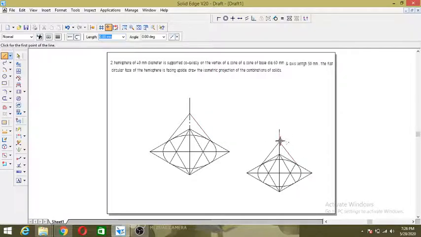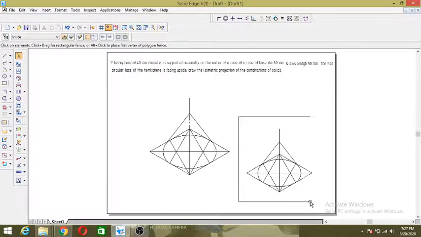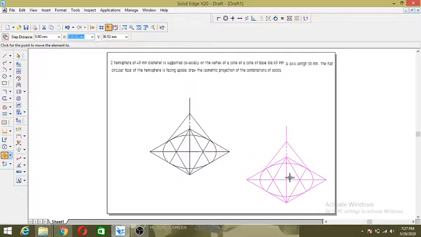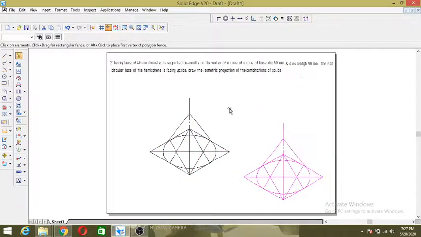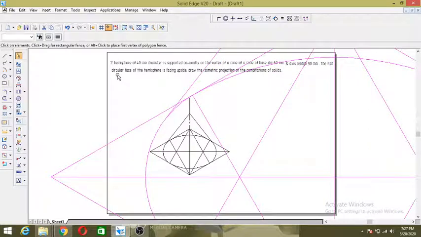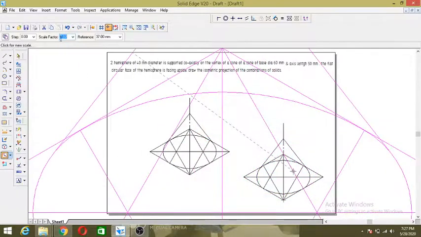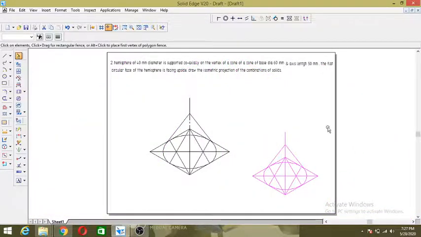Both are the same. I will show you what I'm trying to say. Just delete, then select this, move and place it here. Now convert this to iso scale, 0.816. See here, both are the same.